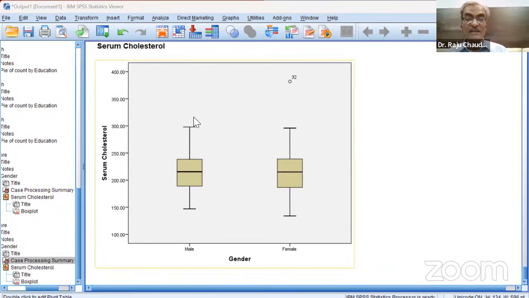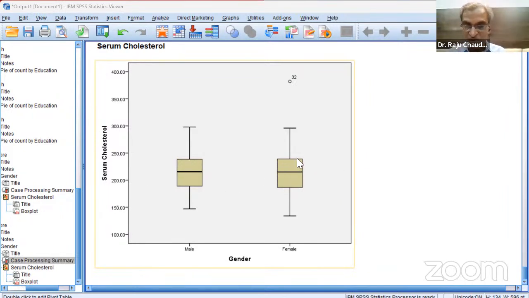After that, we have a box plot or box and whisker plot. You can see the box and whisker plot. Along the x-axis, we have gender, the labels, male and female. Along the y-axis, we have the numerical variable. Right. Now, what is the difference between the two box plots?